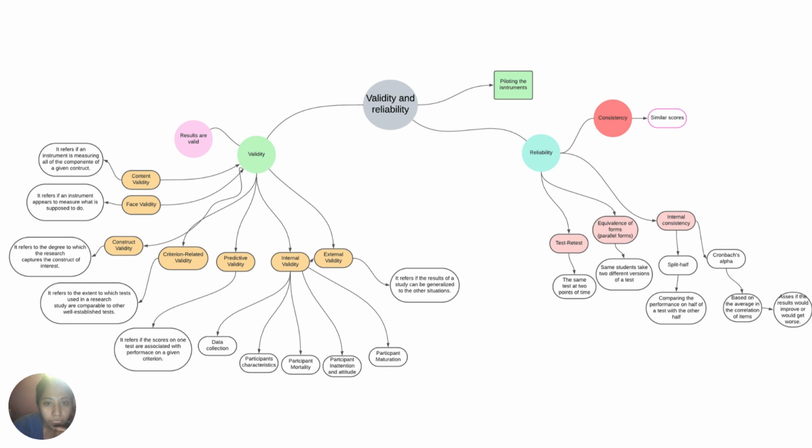Criterion related validity refers to the extent to which a test is comparable to other well-established tests.